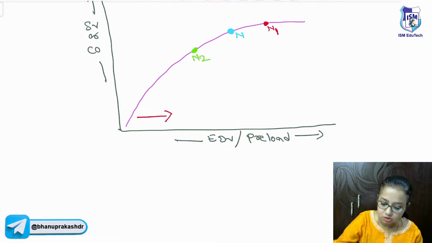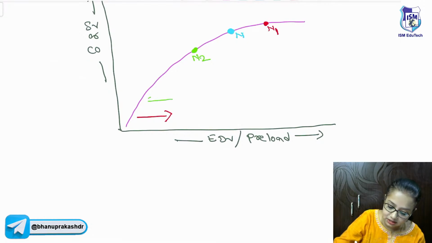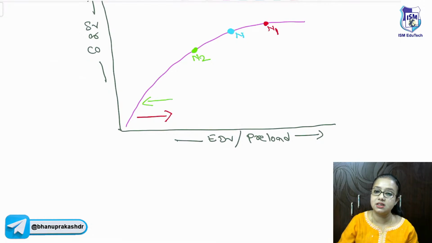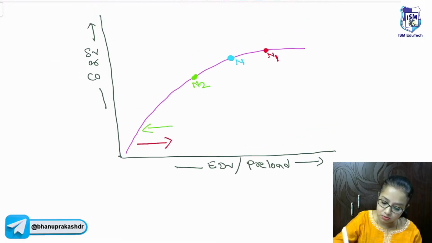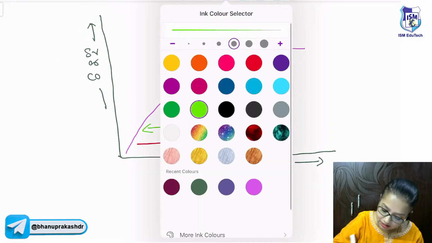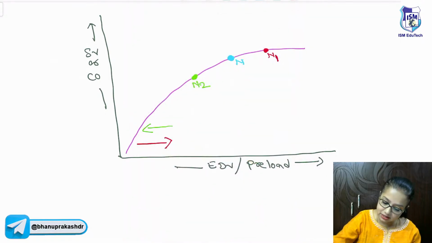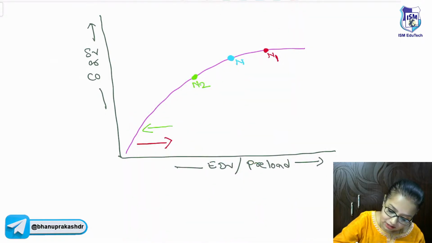So here we can see when the preload is decreased, then there is decrease in the stroke volume, decrease in the cardiac output.